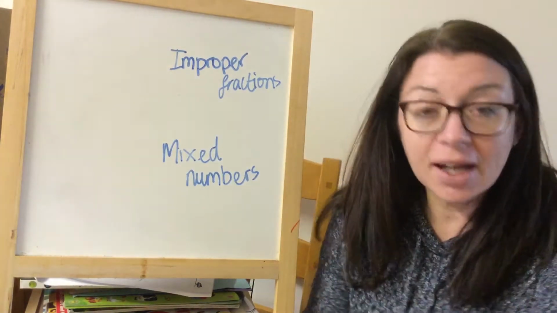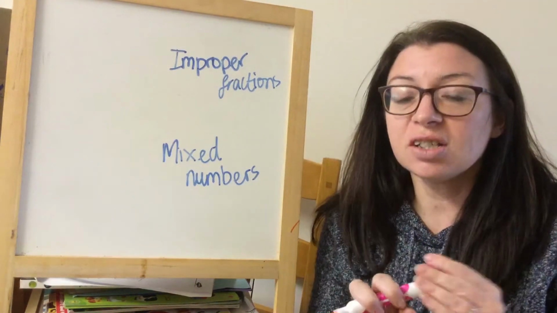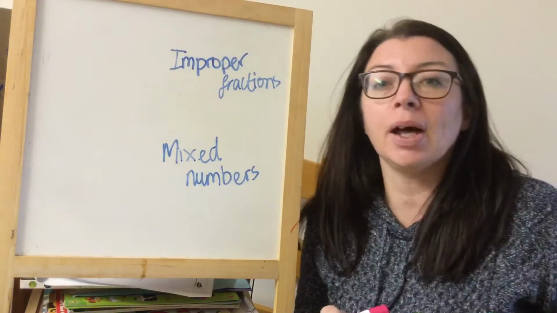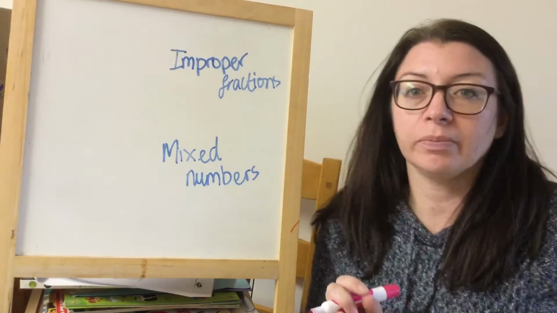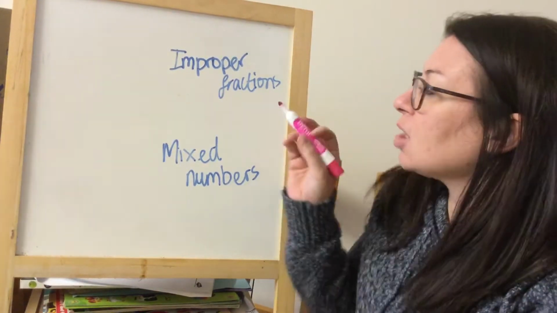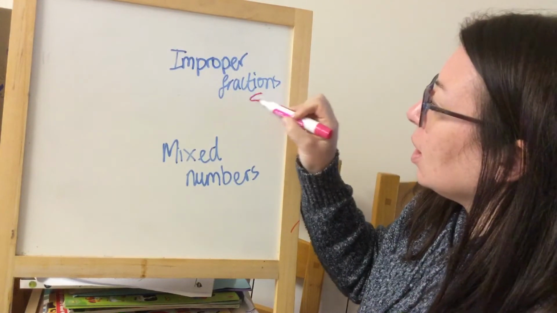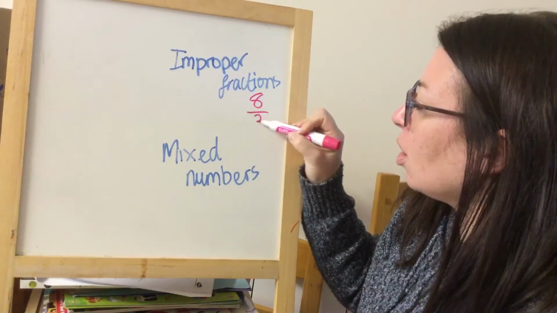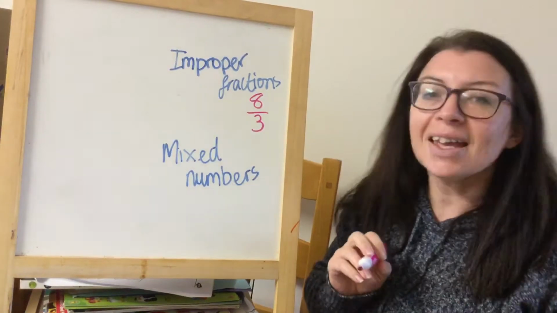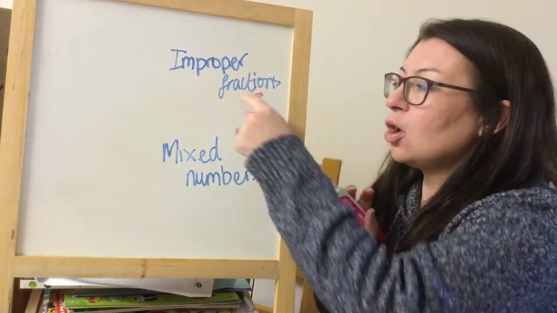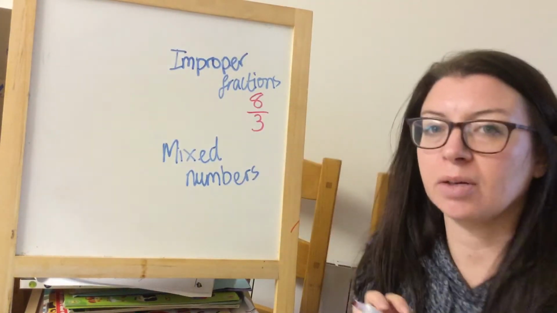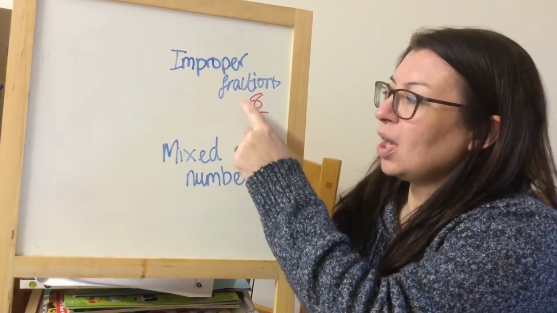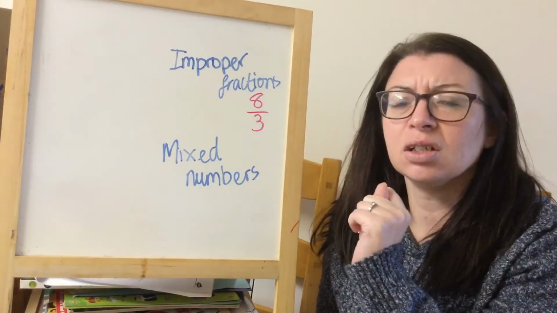So, an improper fraction is just a fraction which has the top number bigger than the bottom number. Okay, so it's top heavy. So, for example, that could be 8/3. Okay, it is improper because the top number is bigger than the bottom. This is saying that we have 8 thirds.